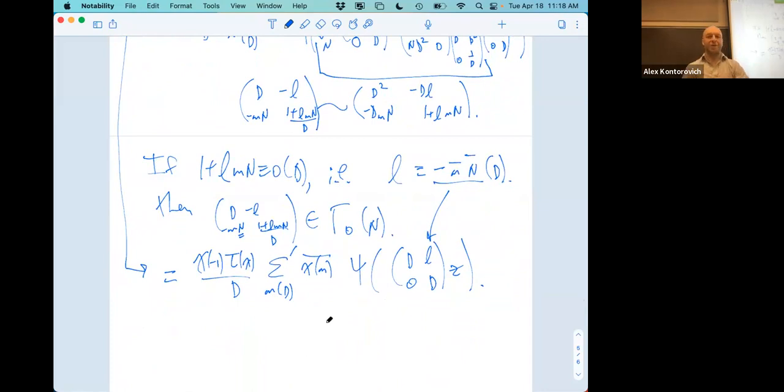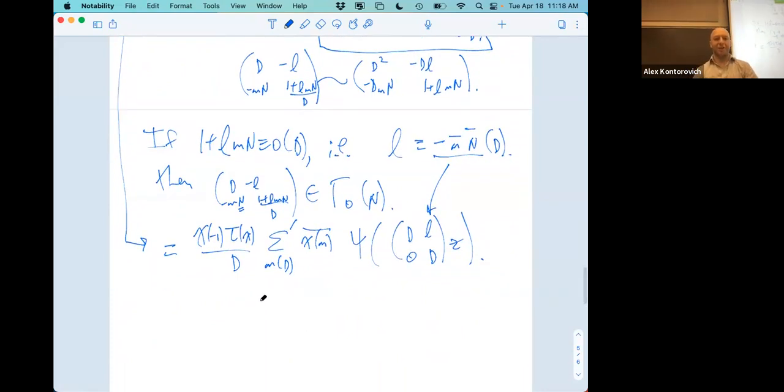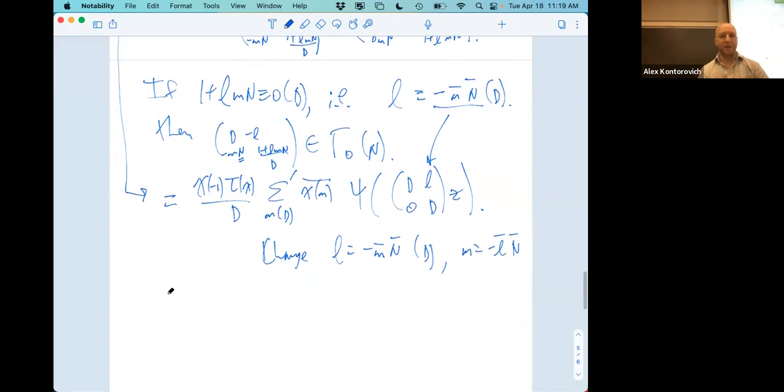Okay, so let me make a change of variables. Let me make exactly this change of variables: L to negative M bar, N bar, mod D. So M is negative L bar, N bar, mod D. So this is the same thing as summing.